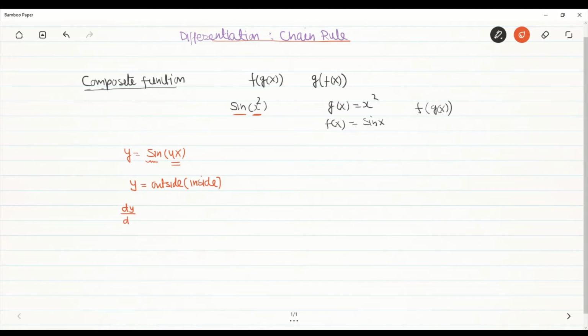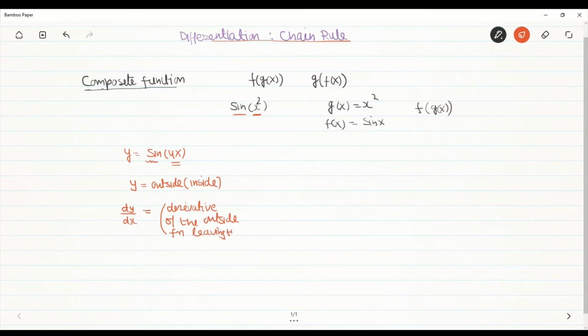Now if we differentiate in such case, first we deal with the outside function. So it will be derivative of the outside function, leaving the inside part as it is.